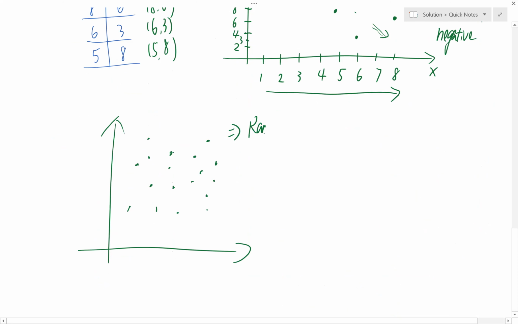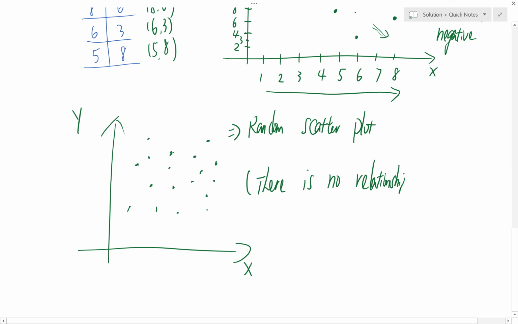This kind of random scatter plot tells us there's no relationship between those two variables, the x variable and the y variable.